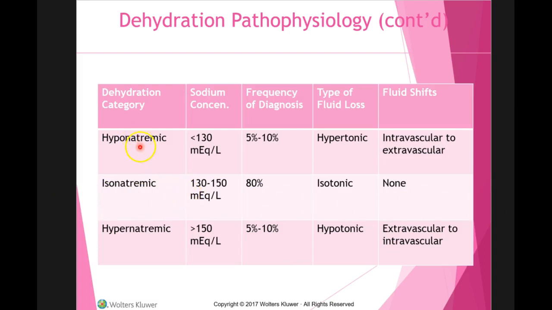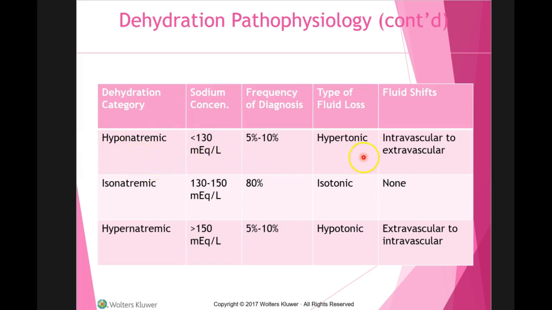Then you have a hyponatremic, where intravascular goes to extravascular. So remember, there is a decreased amount of sodium inside the cell. It's more on the outside. Water flows where salt goes.